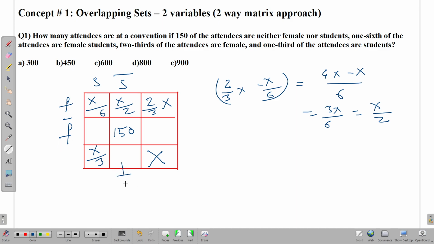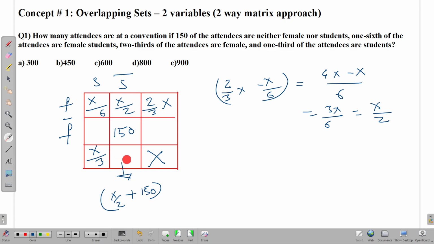I'll just write it outside. Okay, so I'm just doing it here. This is x by 2 plus 150, right? So what does my equation become? My equation for this cell and this cell, if I add these two cells up, if I sum these two cells, I will get the total, right?